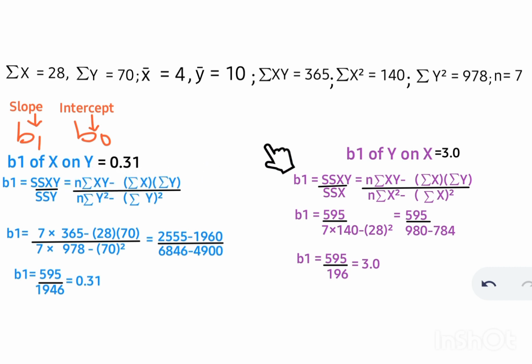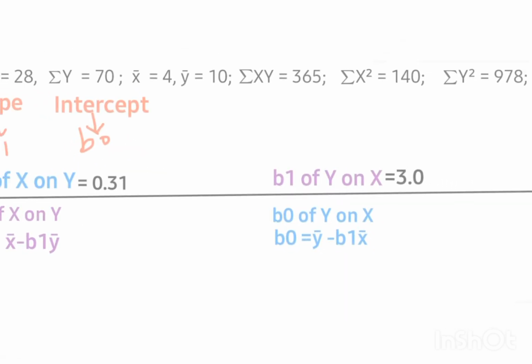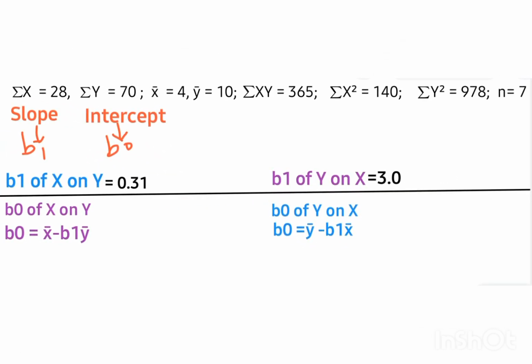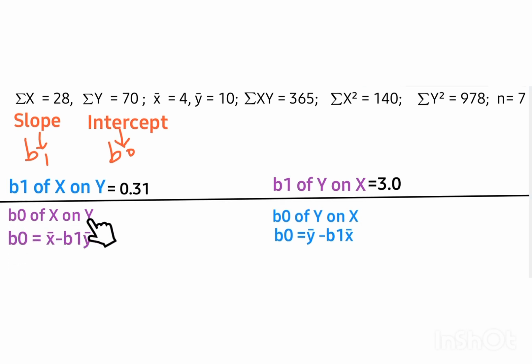And now remember that we did say that the equation of line of best fit solely depends on the slope, that is the b1, and the intercept. And now let's proceed to getting the intercept of x on y and also the intercept of y on x. Intercept denoted with b0 of x on y equals mu x minus b1 times mu y.